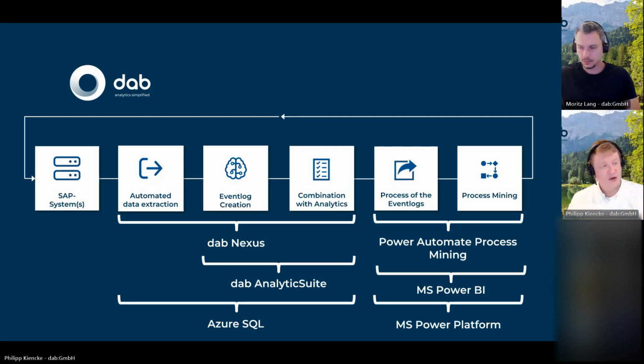But we need to connect the dots so that we know which purchase order belongs to what kind of goods received and what kind of invoice received, etc. So this information we prepare. And then we have the possibility to also combine it with our standard analytics from the DAB Analytics Suite.